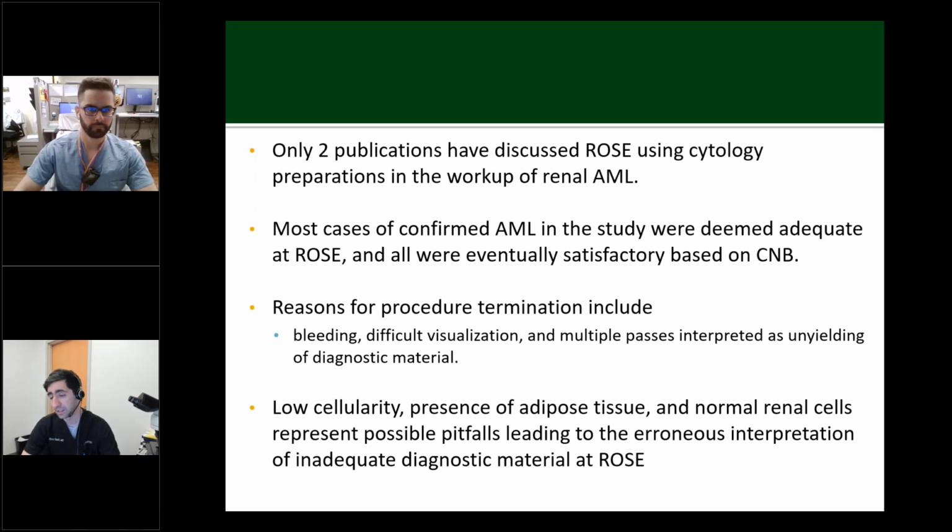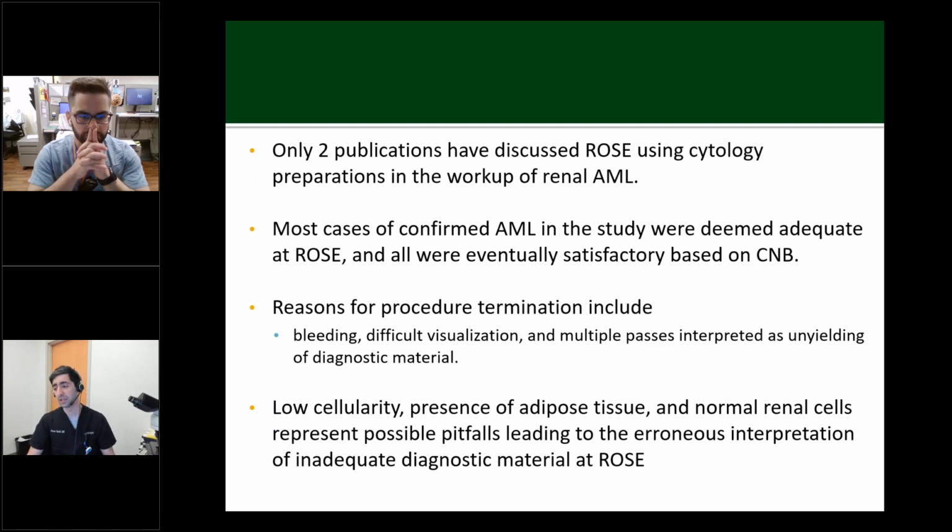In this study, most confirmed cases of angiomyolipoma were deemed adequate during rapid on-site evaluation, and all were ultimately found to be satisfactory based on the core needle biopsy analysis.